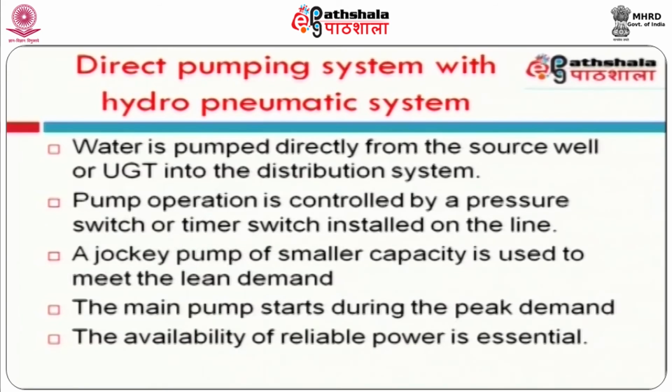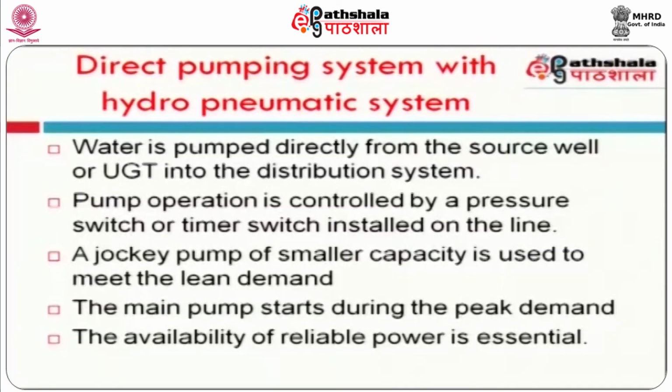A jockey pump of smaller capacity is generally used to meet the lean demand or lesser demand. So there are two different types of pump: a normal pump for pumping the peak demand and the jockey pump to meet the lean demand. The jockey pump is of smaller capacity.